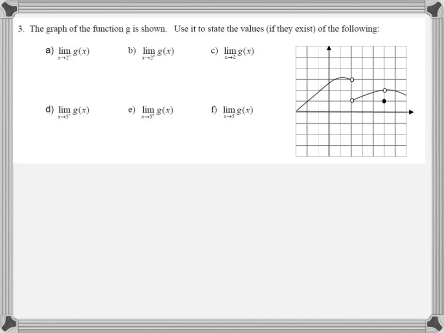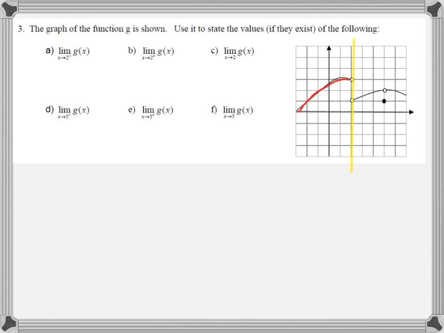Alright, let's do this example together. The graph of the function g is shown. Use it to state the values if they exist of the following. So the limit as x goes to 2 from the left, from the right, and the limit as x goes to 2 as a whole. So I'm going to draw a little line at 2 just to see what I'm looking at.